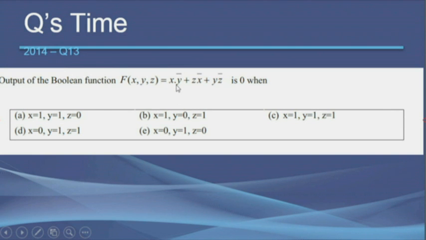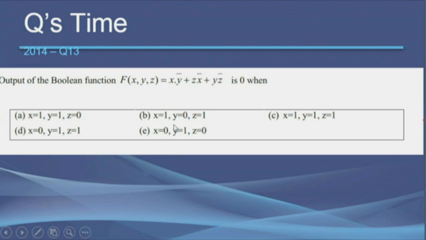So based on that technique, if you find x 0, z 0 and y 0, you will definitely get 0, 0, 0. But you can see in the answers you cannot find that option, x 0, y 0 and z 0.